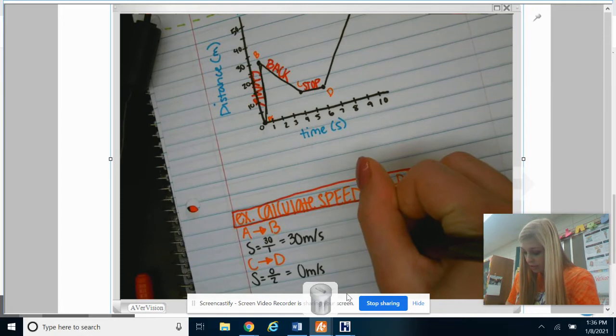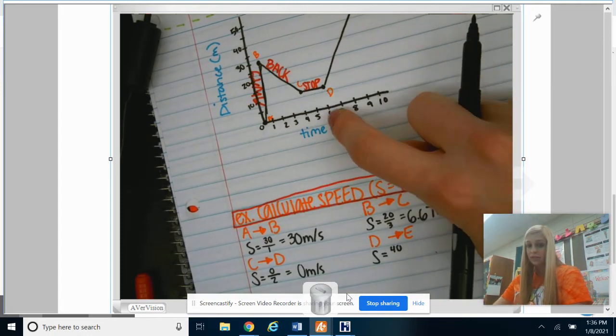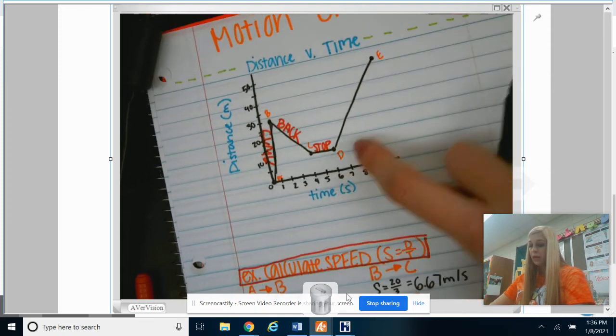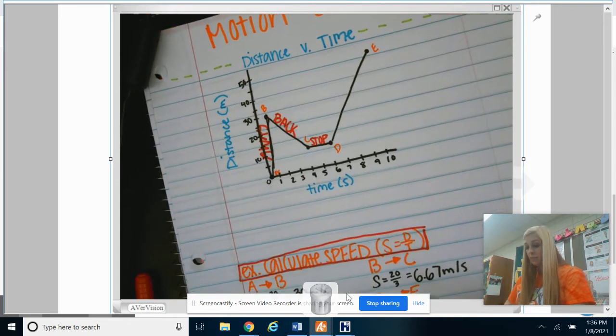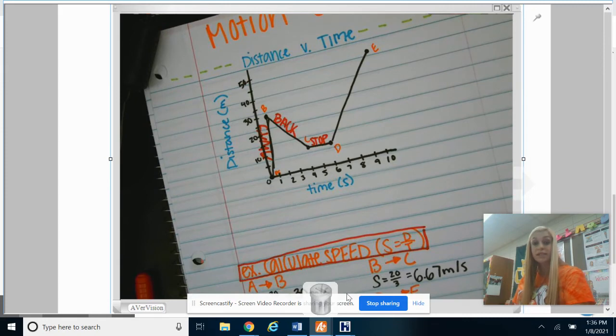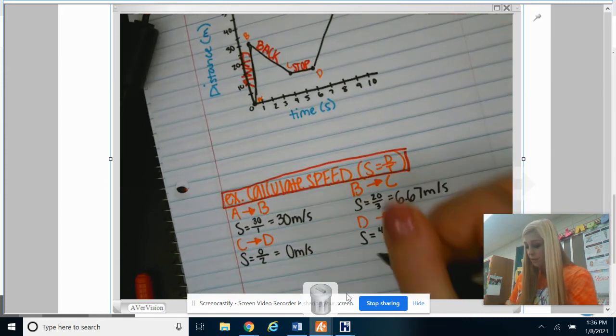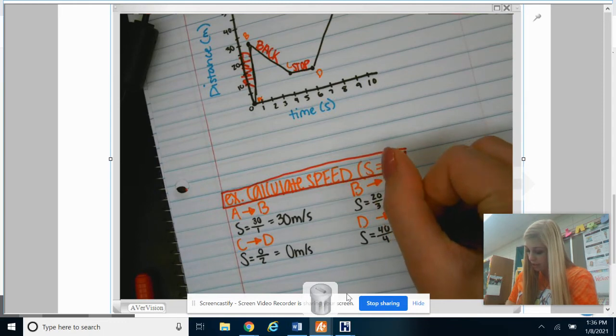So our distance is 40 meters. We started at 6 seconds and ended at 10 seconds. So our time is 4 seconds, the change in time. So 40 divided by 4 is 10 meters per second.